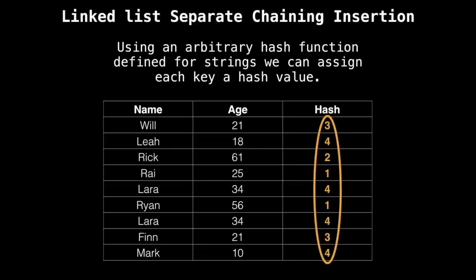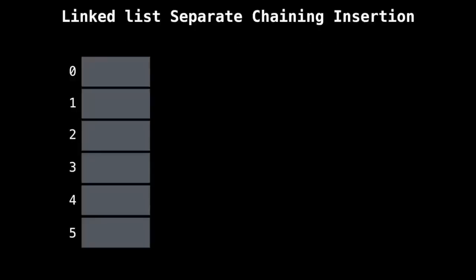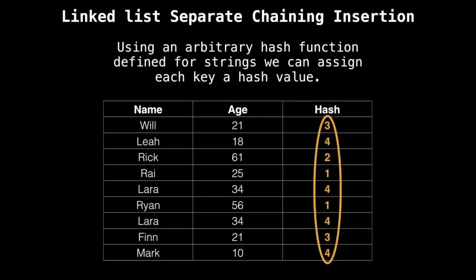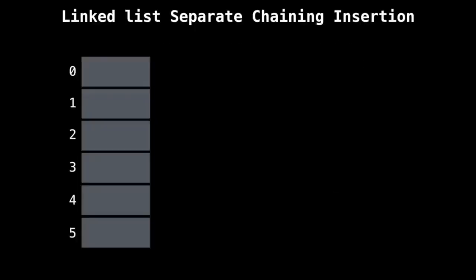They don't really matter for now. We're just going to see how we can use separate chaining to handle the collisions. Okay, so on the left is our hash table, so our array. And I'm going to be inserting all of these key value pairs into this hash table via separate chaining, and you'll see how easy it is.